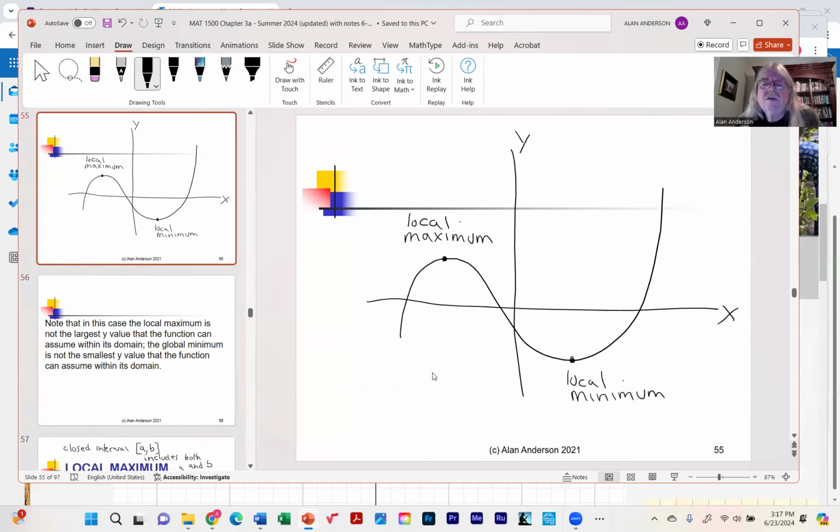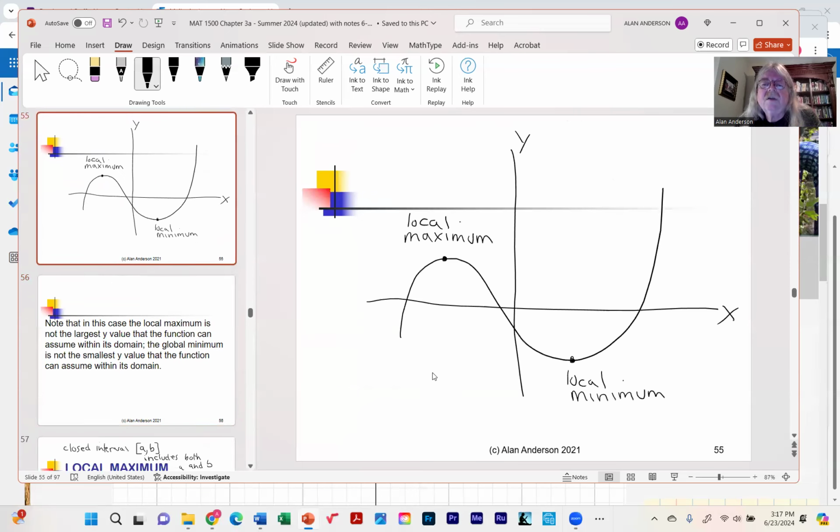This one is going up to positive infinity. So that means that this local maximum is not the largest value in the entire function. You can see over on this side, there are plenty of values that are larger than this local maximum. Down here, this local minimum, it's the same thing. So again, the idea is that local or relative only applies in that intermediate area. Sometimes it's called an interval, sometimes it's even called a neighborhood.